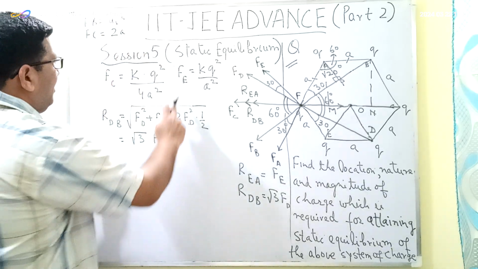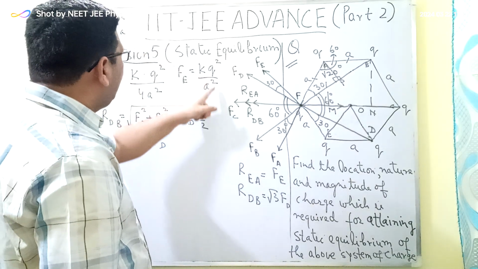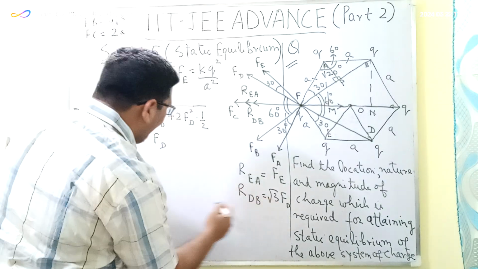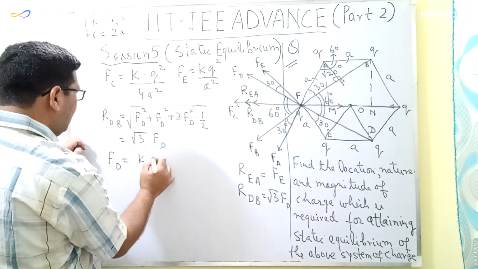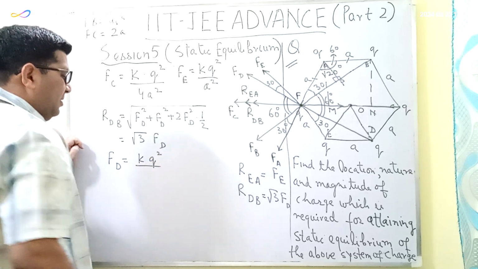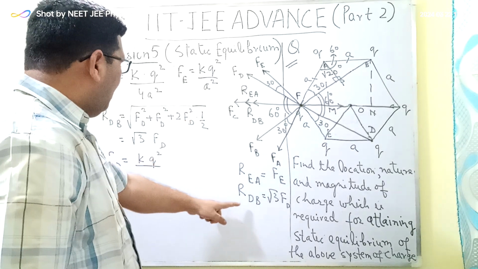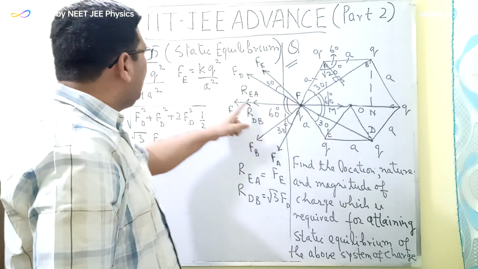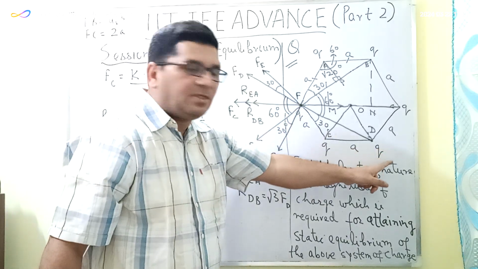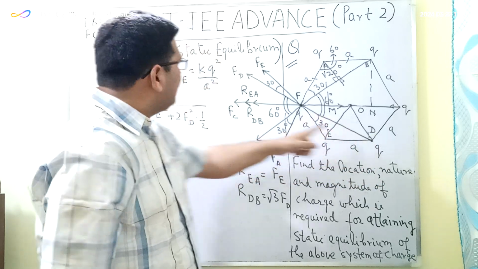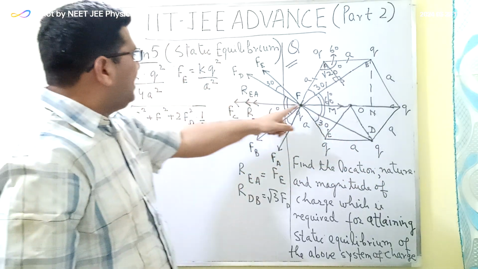Now FE is equal to K Q square upon A square. Now we have to find the value of FD. Now FD is equal to K Q square divided by the distance squared. FD is the electrostatic repulsive force because of the charge Q placed at D, and this distance we have already found, that is FB.